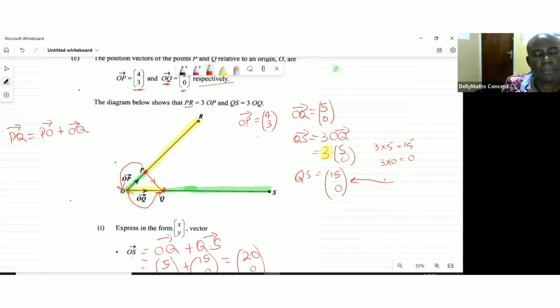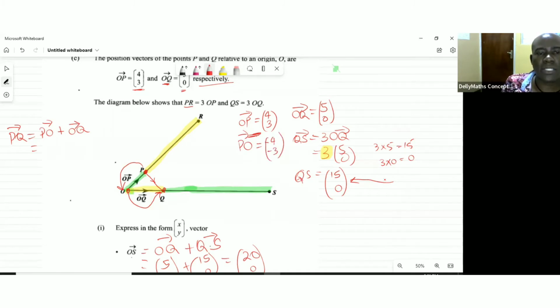Originally we got OP, so going against the direction, PO is the inverse, which means the components are multiplied by -1.